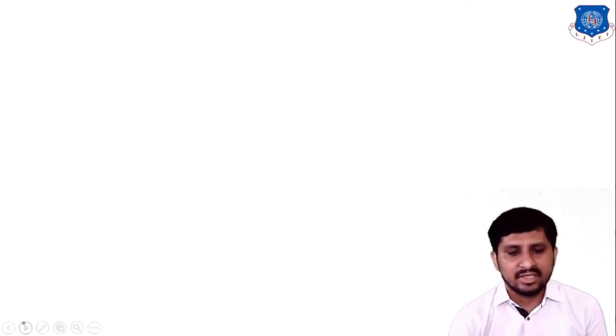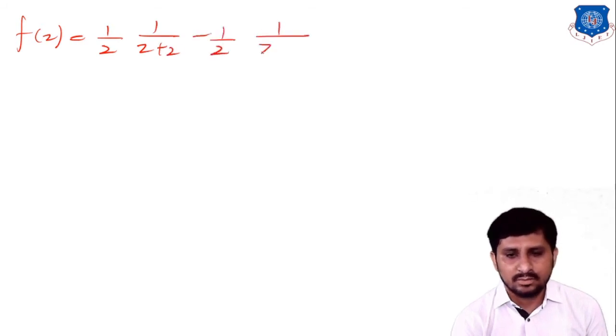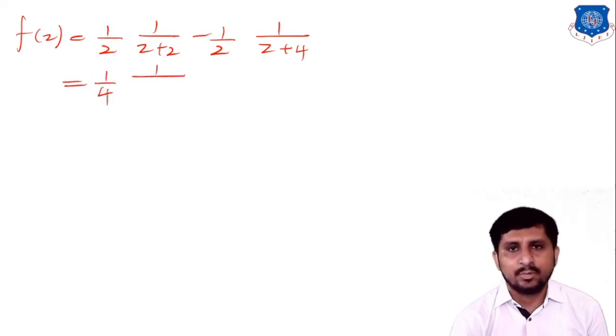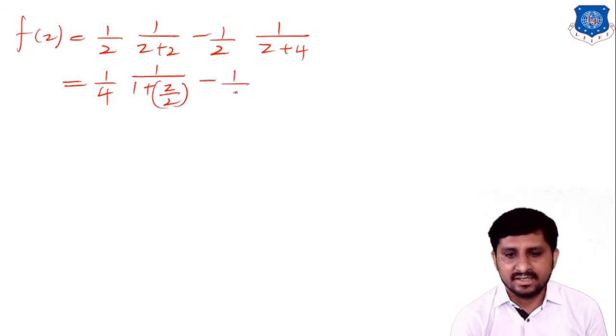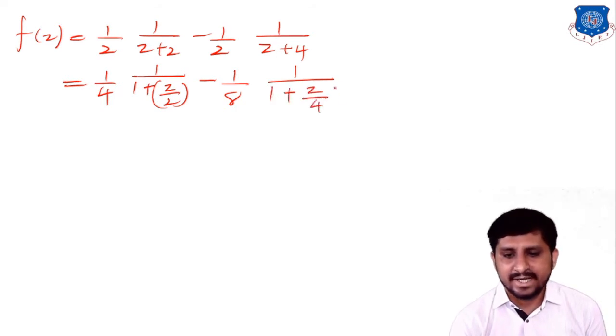Let's see. Because f of z is equal to 1 by 2, 1 upon z plus 2, minus 1 by 2, 1 upon z plus 4. Okay, so 2 will be common, so 1 by 4, here we have 1 upon 1 plus, I can write z by 2. Okay, and here also 4 will be common, so minus 1 by 8, 1 upon 1 plus z by 4, right?